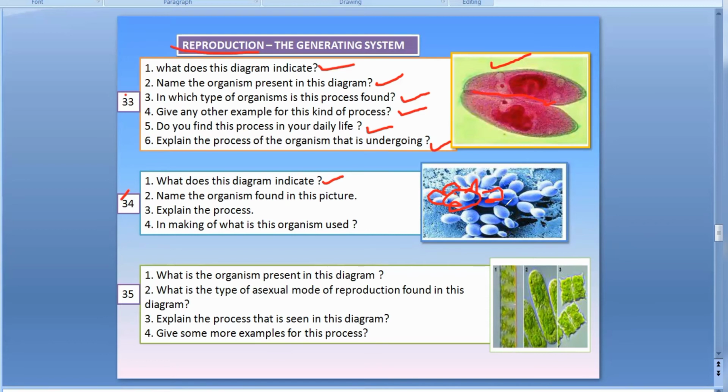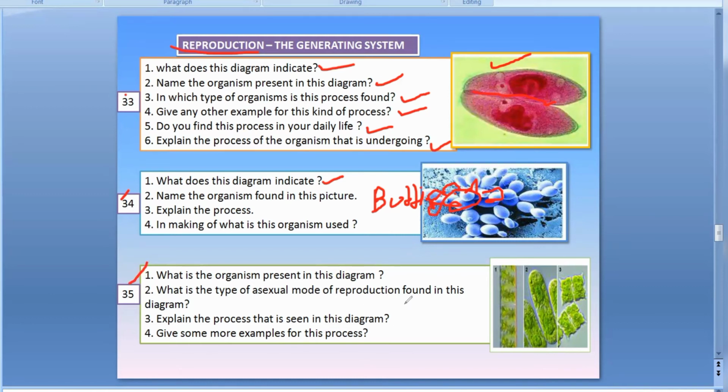Yeast is a unicellular organism belonging to fungi, and it often reproduces by budding. Budding is one of the asexual reproduction methods.